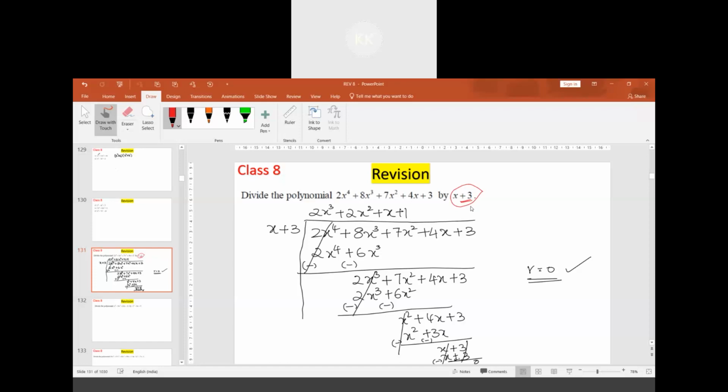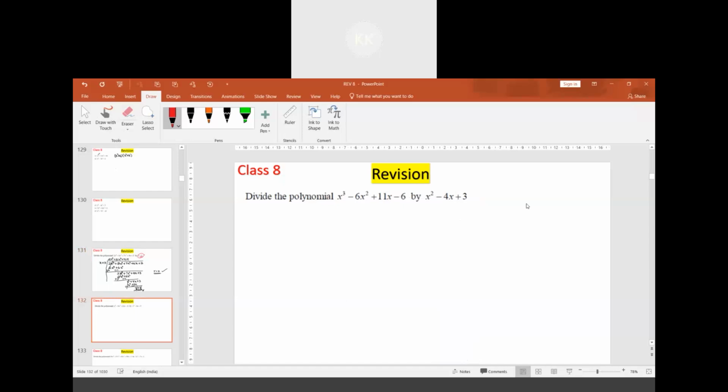Sir, we can divide like 2x to the power 4 divided by x plus 3. But how do you simplify this? We can't simplify. Yes, sir, I got the same long division. So many are having the same result. Is there any different result? No, sir.